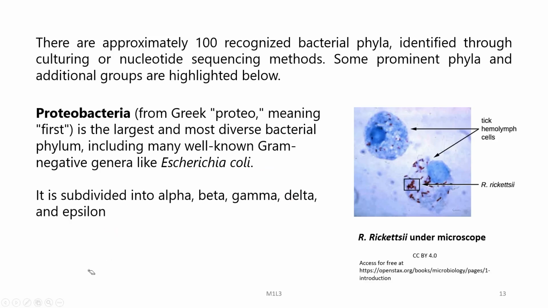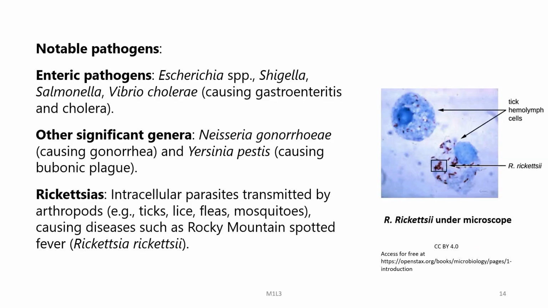So, here you can see an example of Rickettsia under the microscope. Some of the notable pathogens under these are enteric pathogens like E. coli or its relatives. Then you have Shigella, Salmonella and Vibrio cholerae, which causes gastroenteritis and cholera.